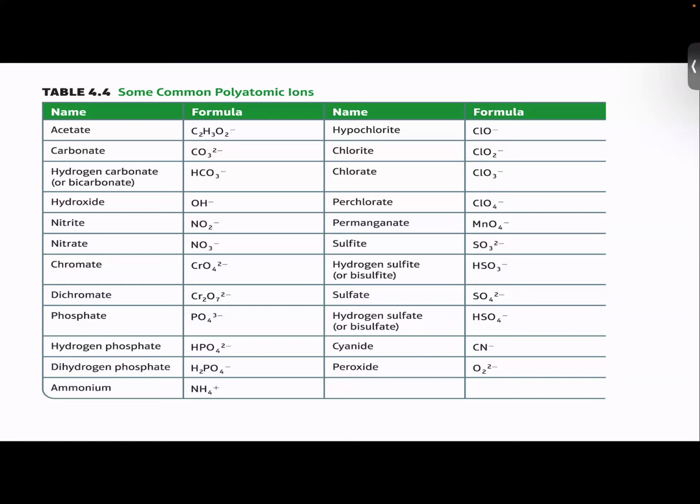So let me make sure I'm understanding the question. We have, for example, permanganate. You're asking, why doesn't that break down into a cation and an anion? It's a metal. The answer comes down to the structure of what permanganate looks like.